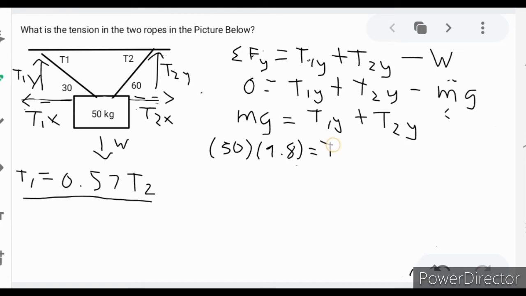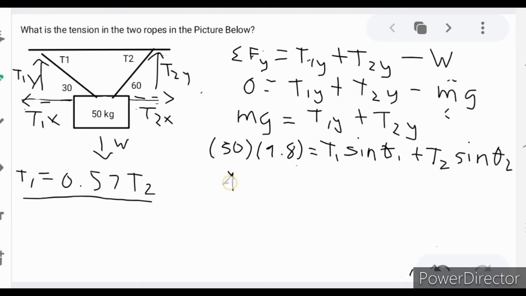Then we know that the value of T sub y is T sine theta. Therefore, we have T sub 1 sine theta sub 1, plus T sub 2 sine theta sub 2, for us to recognize the difference of angle.